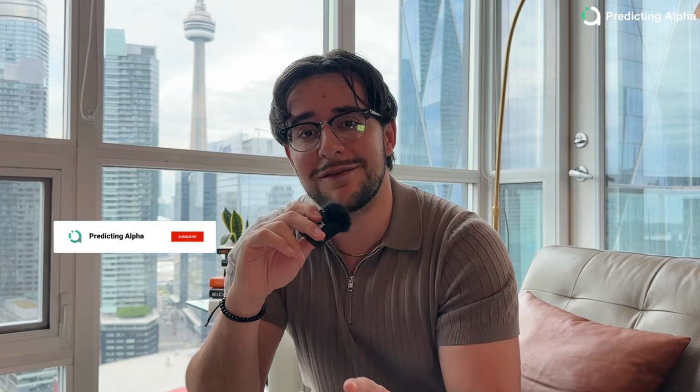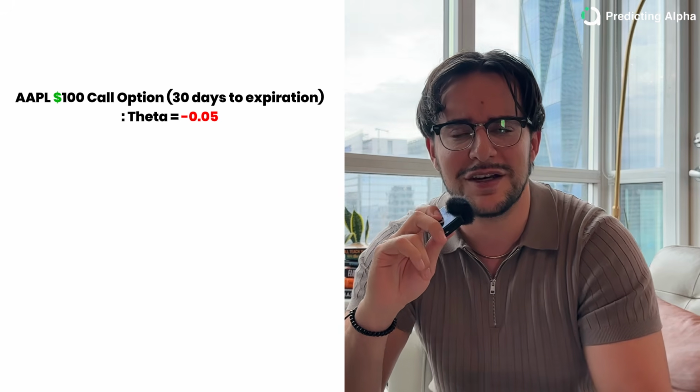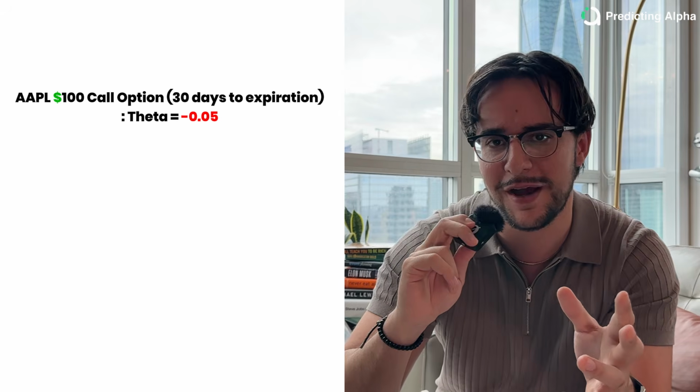Now, when you look at an option chain, you are actually going to see your theta values listed on the option chain. And if you don't, you can actually add a column called theta that will show you the theta value for each contract on the chain. And let's say, for example, you were looking at a 100 strike call option that expires in 30 days. You might see a theta value of negative 0.05. What does this mean?